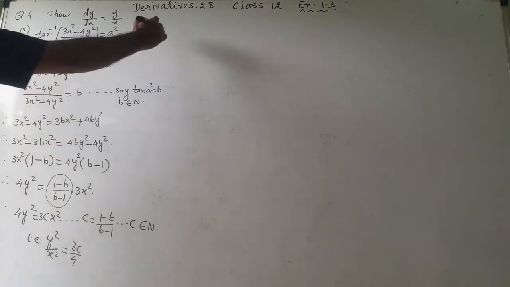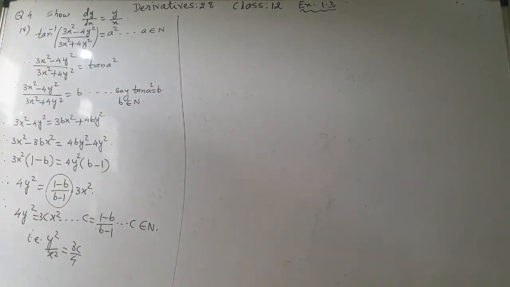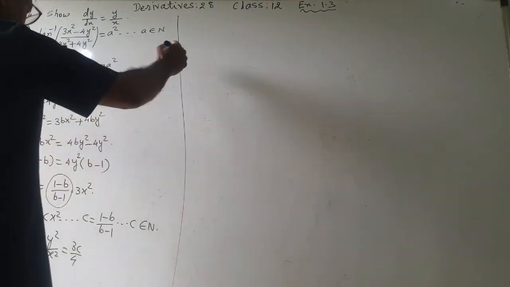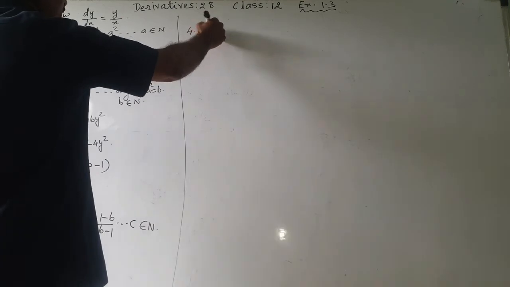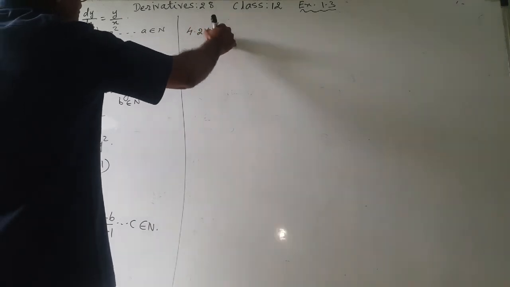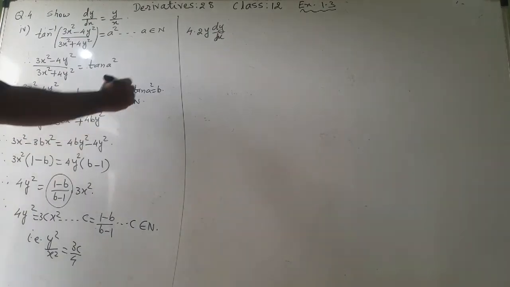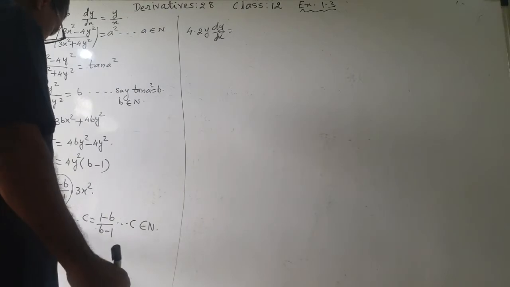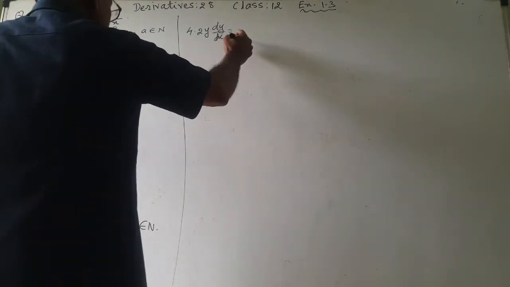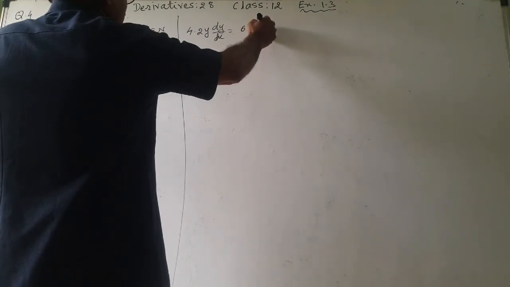So now take the derivative of this. 4 into 2y dy by dx is equal to, this is 3 to the 6c x.